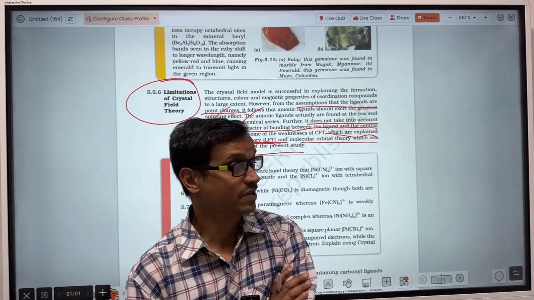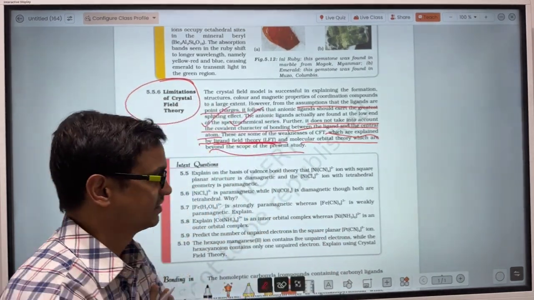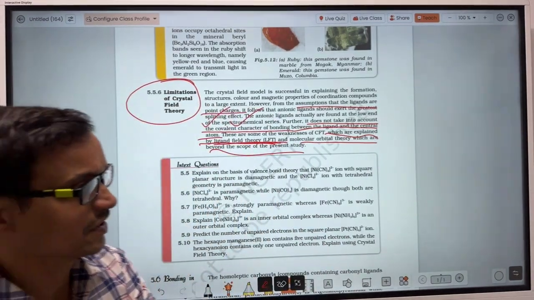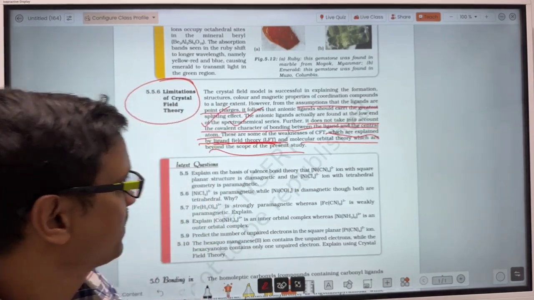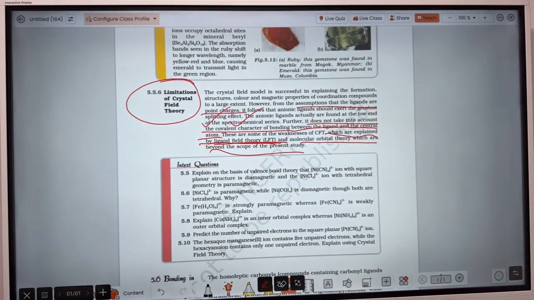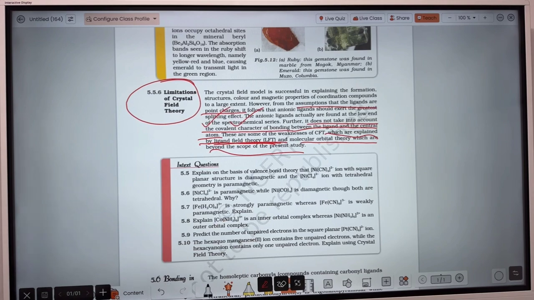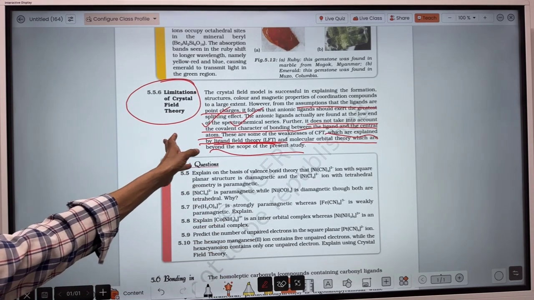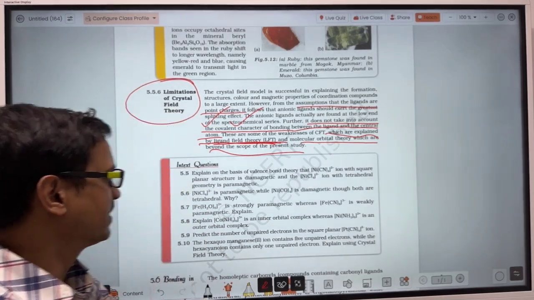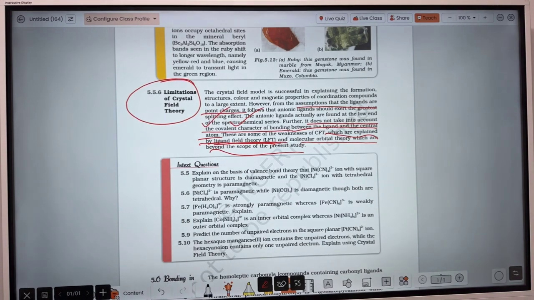But there are some limitations of the crystal field theory: it has considered the ligand as a point charge, and in some cases the anionic ligands should exert the greater splitting effect, about which it has not given any information.